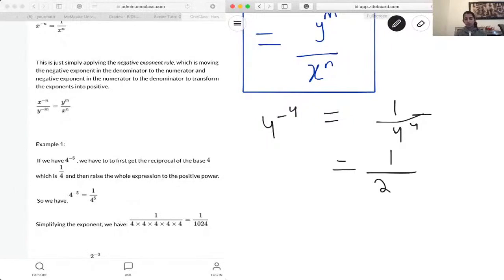If you put it in your calculator or expand it and then multiply, it's essentially just going to be 4 times 4 times 4 times 4. So 4 being multiplied 4 times.